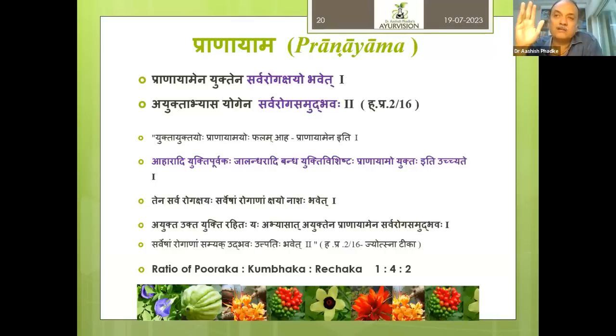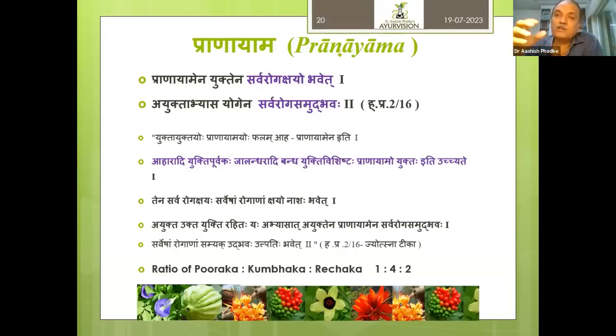If you are taking the correct medicine in the correct disease, in the correct condition, in correct doses, along with the correct vehicle, which we call anupan, may it be honey, milk, buttermilk, cold water or hot water, under the monitoring of a learned Ayurvedic physician or Vaidya, then and only then it will be really harmless.